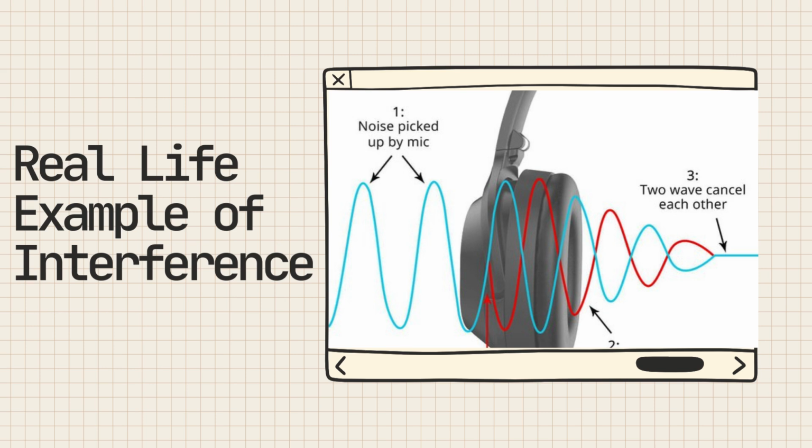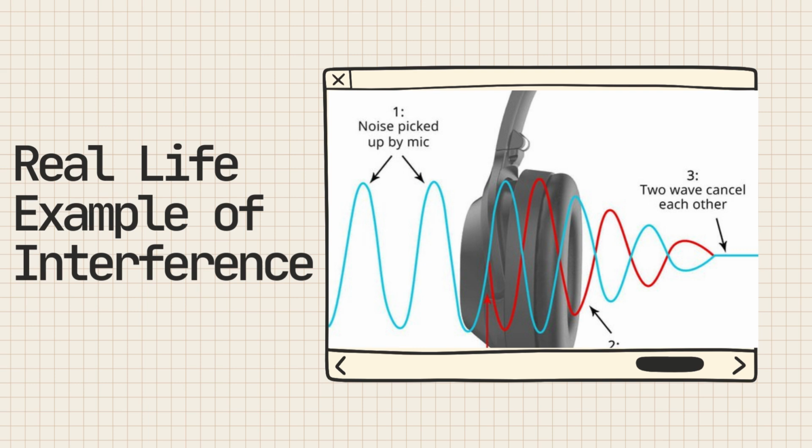Now, moving on, I'm going to explain the real life example of interference. But before we talk about the real life example, I'm going to explain to you the types of interference. There are two types, which is constructive interference and destructive interference. Constructive interference occurs when two waves are in phase, meaning their peaks and troughs align perfectly.